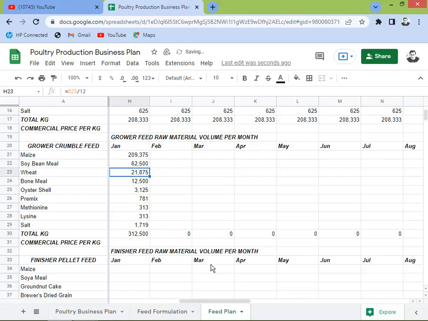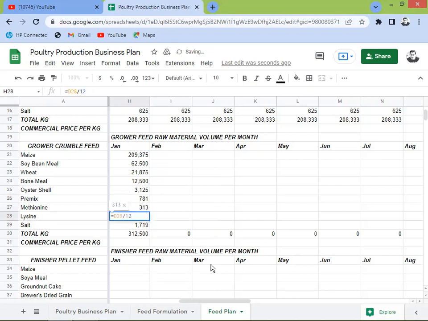You have to make sure that it's a double dollar sign. Otherwise, you're going to have an error if you use only a single dollar. Sometimes you make a mistake and delete one of the dollar signs, then you're going to have an error when you copy it and paste it to another location.